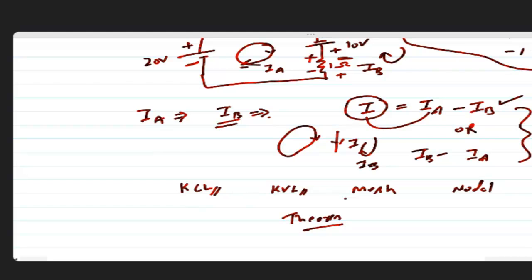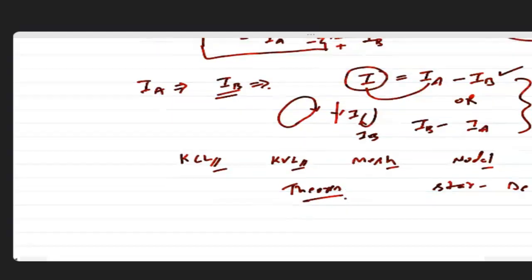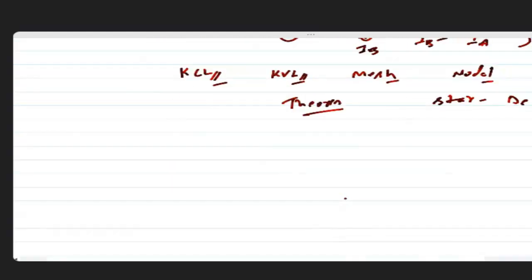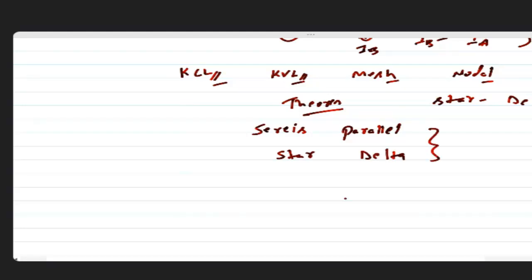After covering KCL, KVL, mesh, nodal, we will solve star delta transformations, because sometimes it becomes very important to minimize complex circuits when series parallel concepts of resistance connections fail. So we have to use star delta transformation. This is very important, and I have seen various questions on star delta transformation and series parallel transformation.